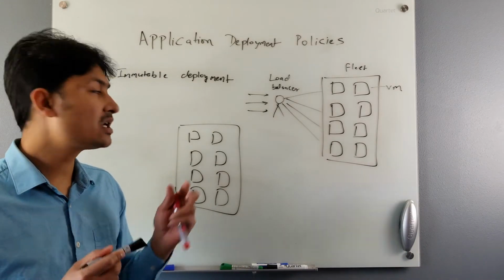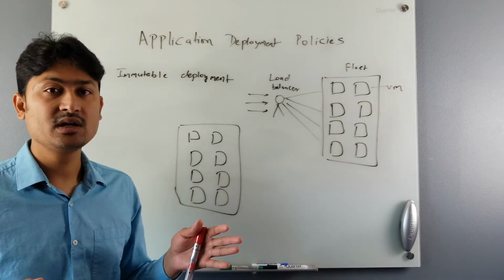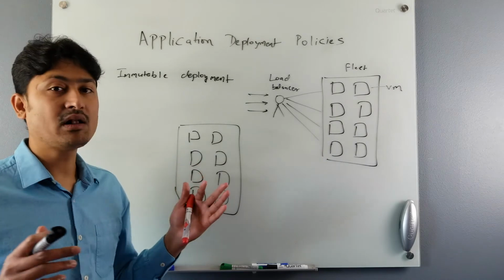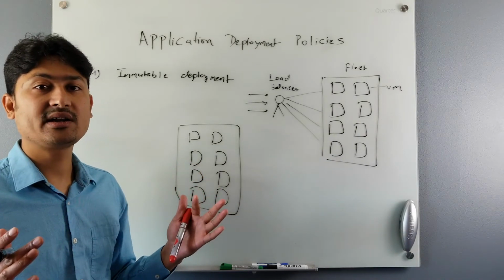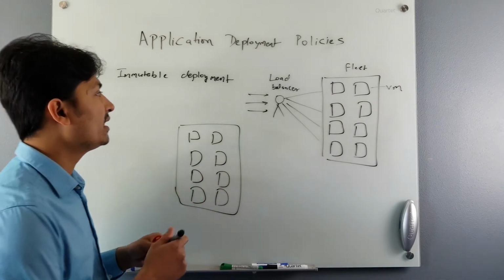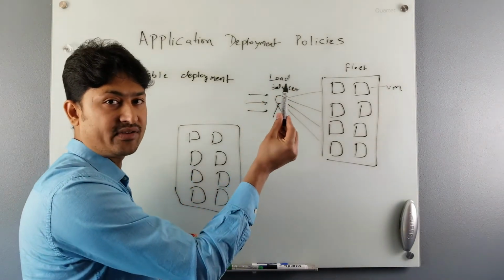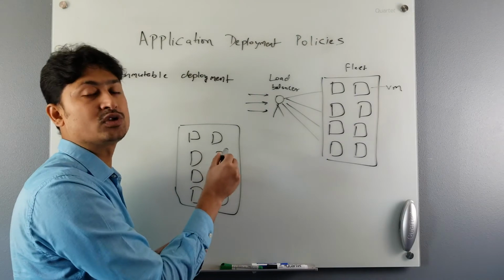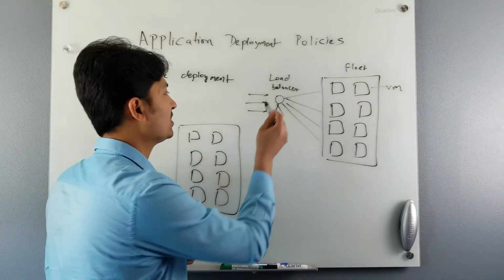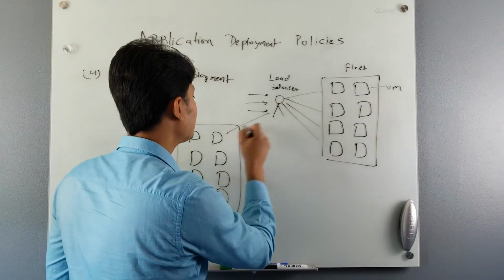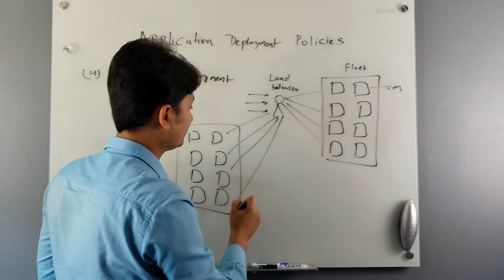Once all servers are running fine with the new version and all the health checks and sanity testing are completed, you start forwarding the customer traffic to these new servers running the newer application version. Suddenly the load balancer will start sending traffic here.